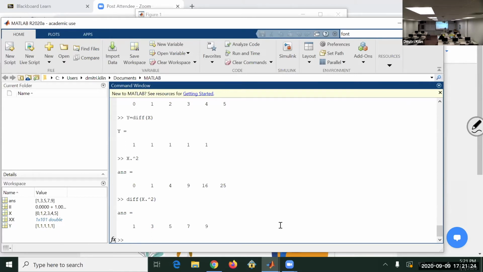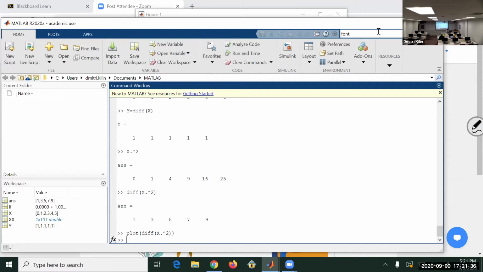So what if I plot this thing? Plot differences of the quadratic function, maybe with circles and lines.